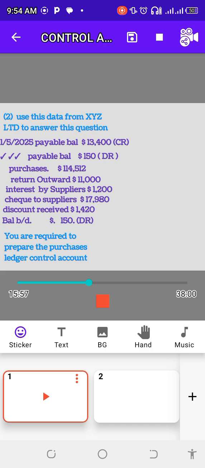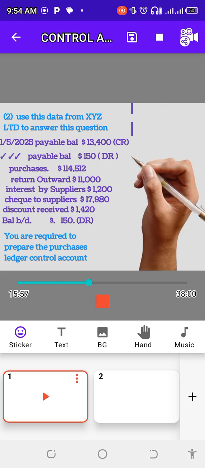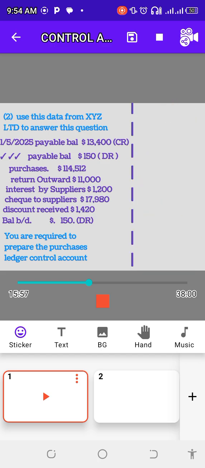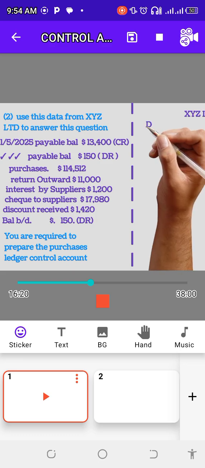Purchases for the period is 114,512. Return outward is 11,000. Interest by supplier is 1,002. Cheque to supplier is 17,800. Discount received is 1,420. And balance brought down 150 on the debit side.